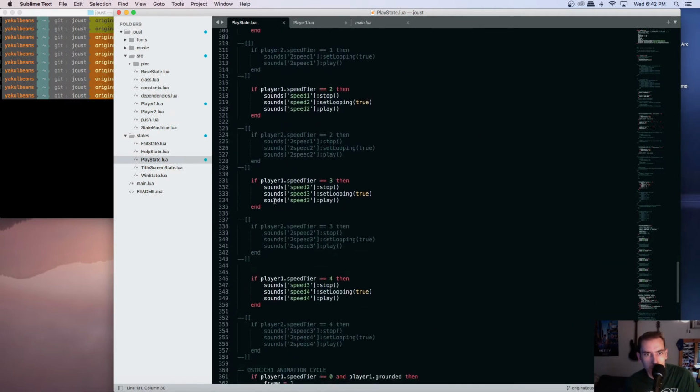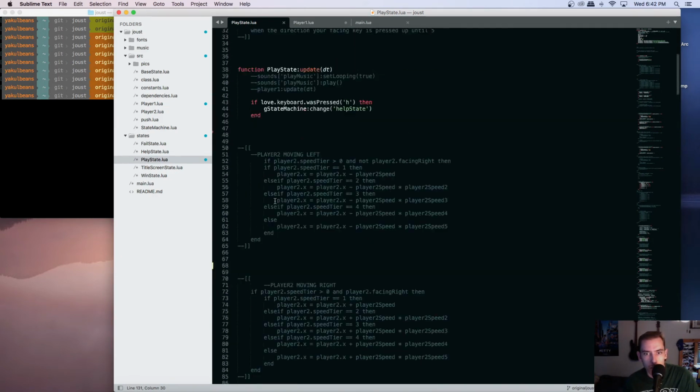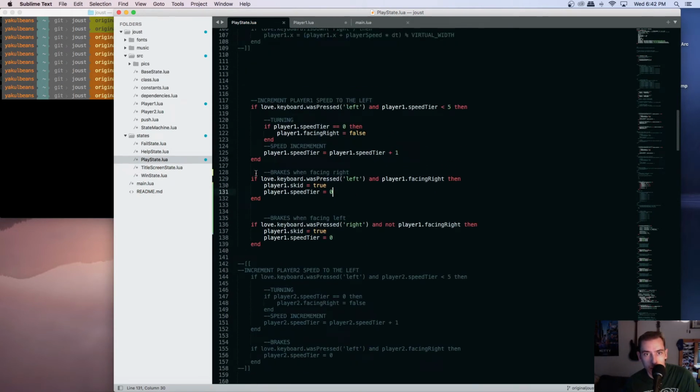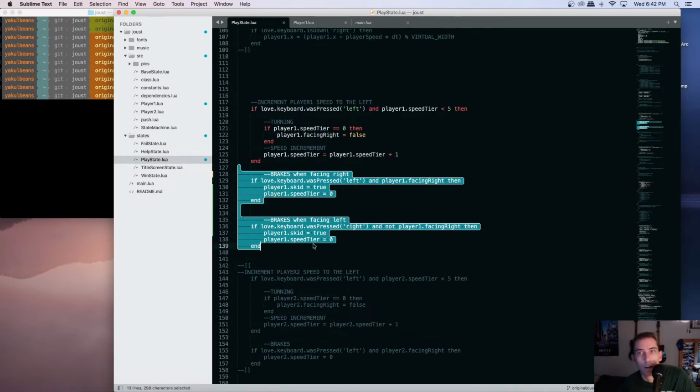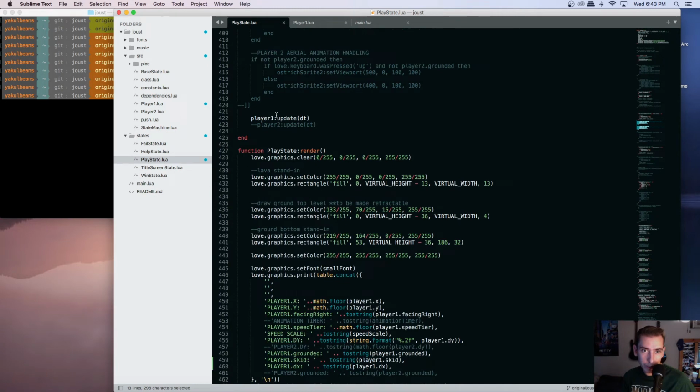So the thing is, if I refactor these breaks logic, and honestly probably the speed tier logic, over to the player class, as long as I put it in the update function of the player class, then this line of code where I say player 1 update delta time, it'll run all that code.